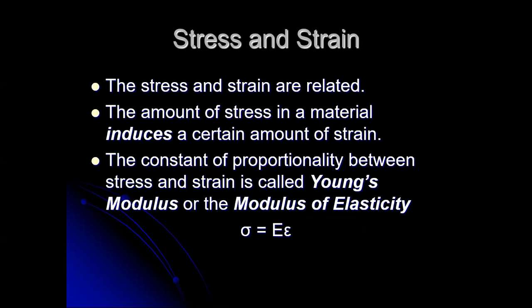On the right, we've got strain with the little epsilon. And then that capital E is the modulus of elasticity. That's like the resistance. If you replace this equation with Ohm's law, you'd have voltage equals resistance times current. You'd have your V equals IR, however you do it.